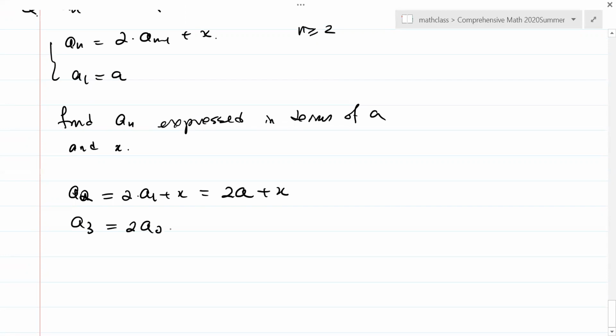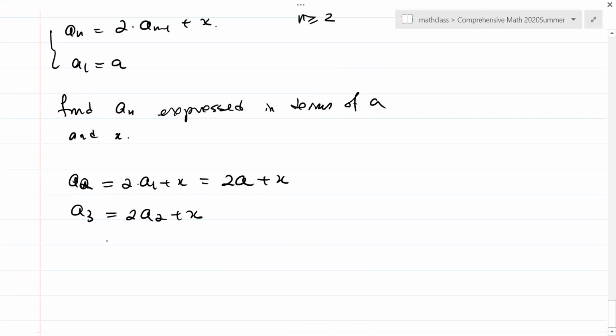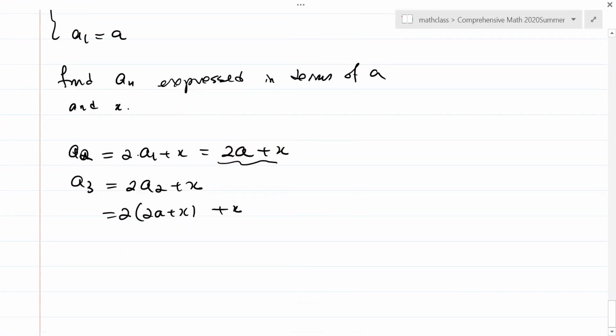Twice of A2 plus x. Okay, so you replace it. A2 replaced by it, right? It's 2A plus x. Now be careful, you don't add them together. So you will write 2 squared times A, and then 2x, right, plus x.